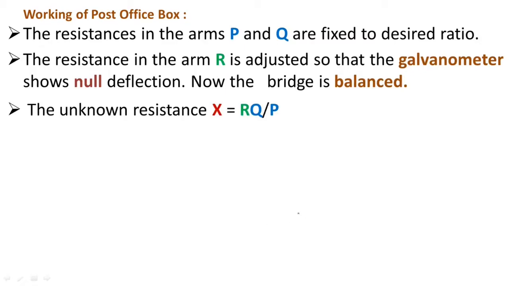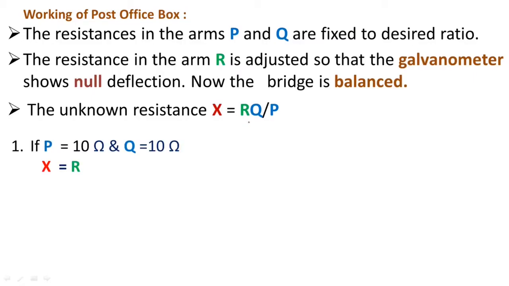The unknown resistance, using the equation for the balancing condition, P upon Q is equal to R by X. Therefore, X is equal to R into Q upon P, where P and Q are the fixed resistances in the ratio arm and R is the adjustable known resistance.